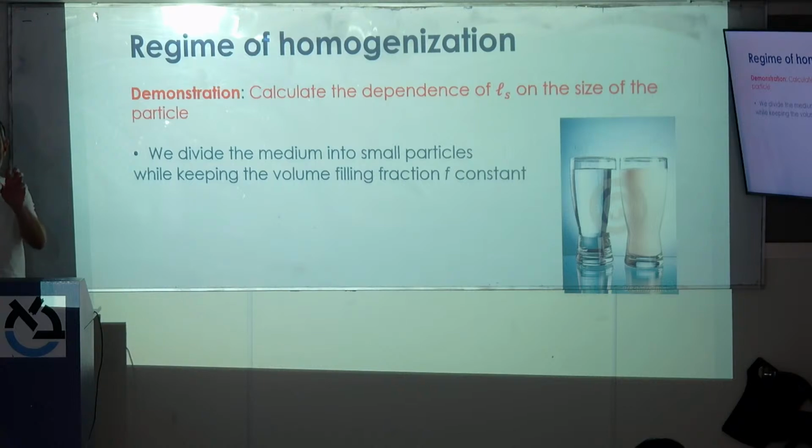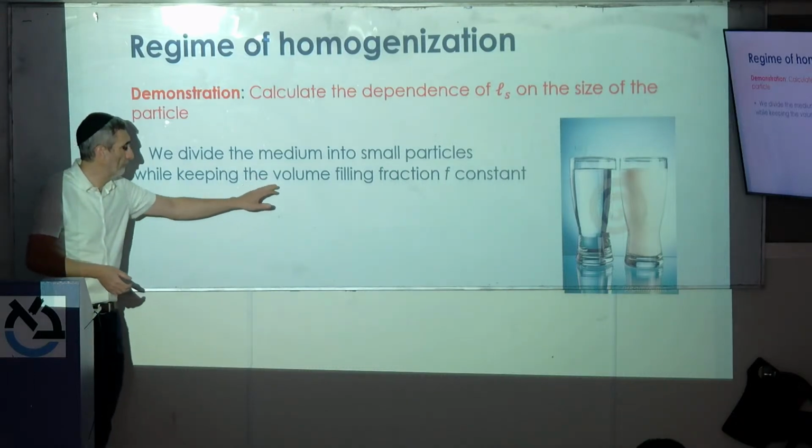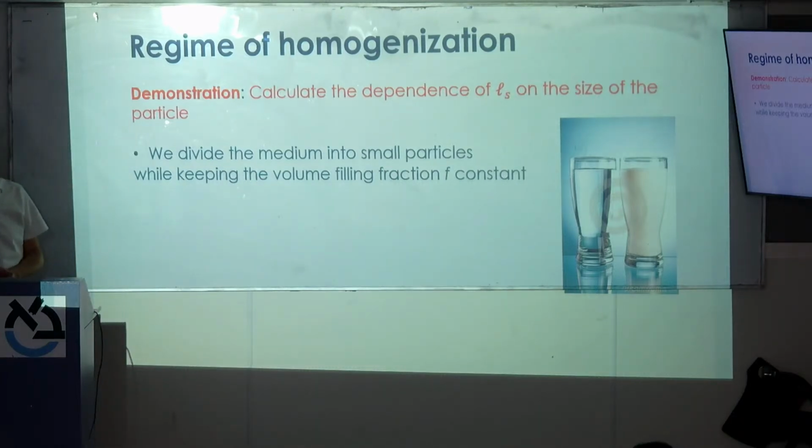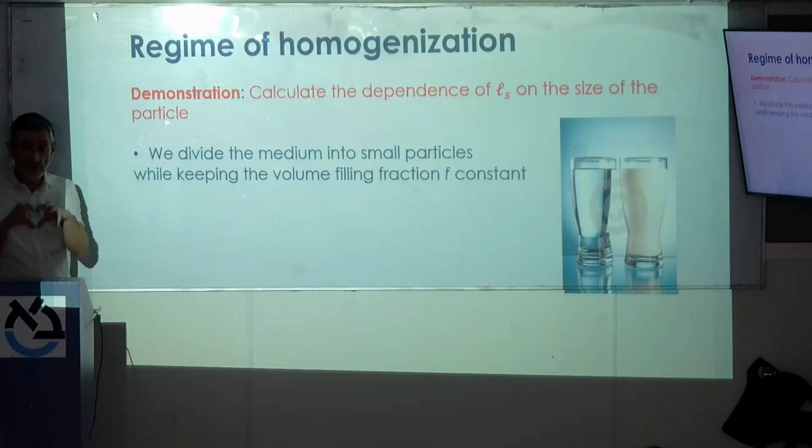They may touch each other, but there is some space in between. The volume occupied by the particles is called the volume filling fraction, which is different from the density. The density is the number of particles per unit volume. The volume filling fraction is the volume occupied by all the particles inside the volume.